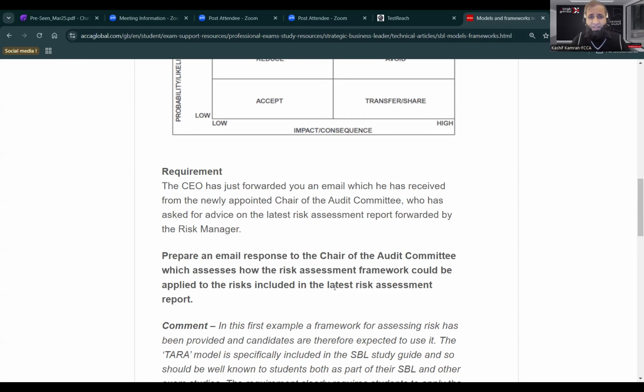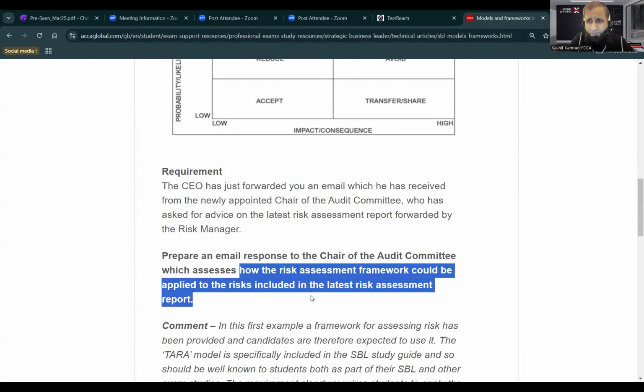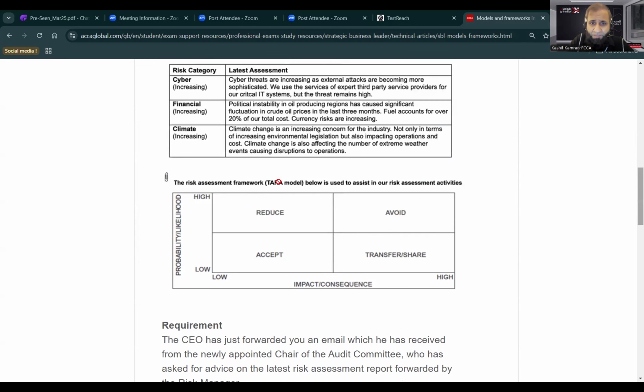The question is asking you how the risk assessment framework could be applied to the risks included in the latest risk assessment report. When you read the exhibit, you will become very sure that the risk assessment framework the examining team is referring to is basically the TARA framework: transfer, acceptance, reduce, and avoid.